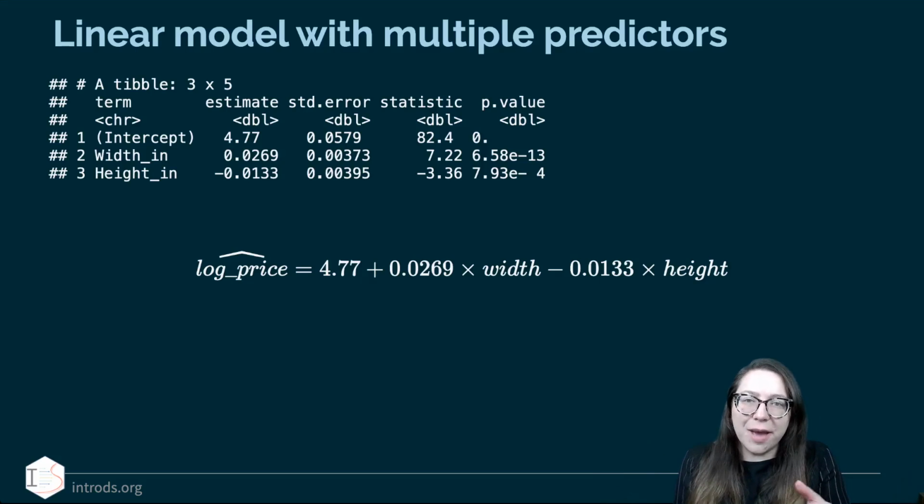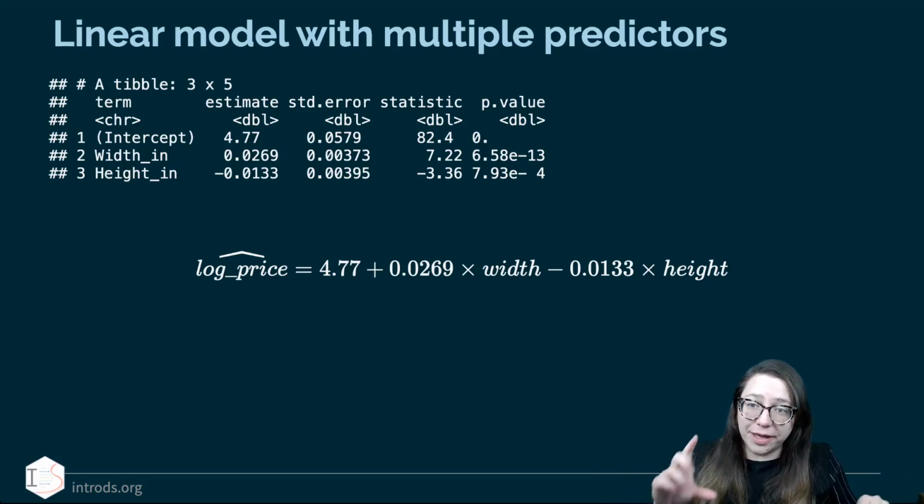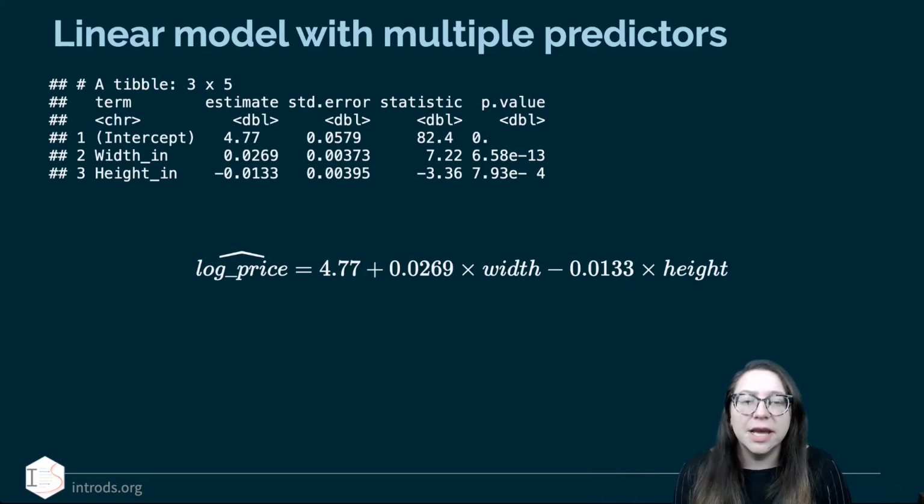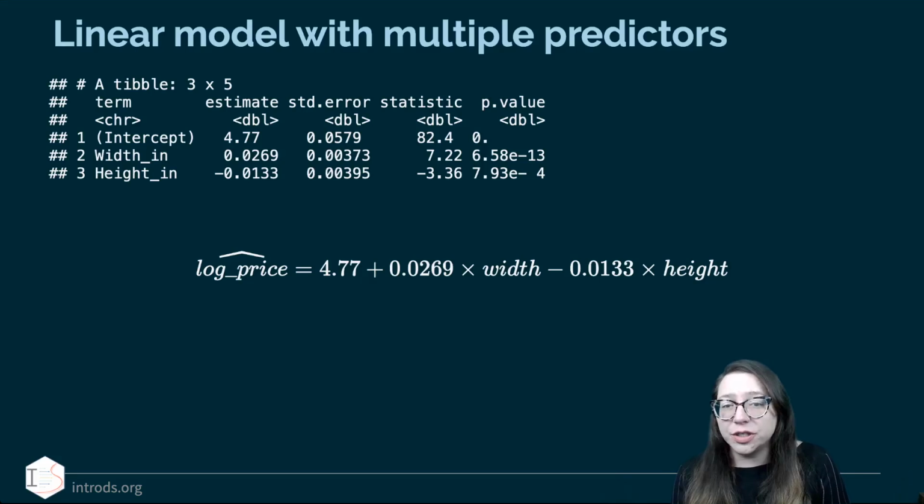Otherwise, you could imagine having a really wide painting that is really small in height, which doesn't really make sense. So some of what we're seeing here in terms of the coefficient estimates might be due to the fact that width and height might actually be correlated with each other. But this is how we would basically write our regression equation.